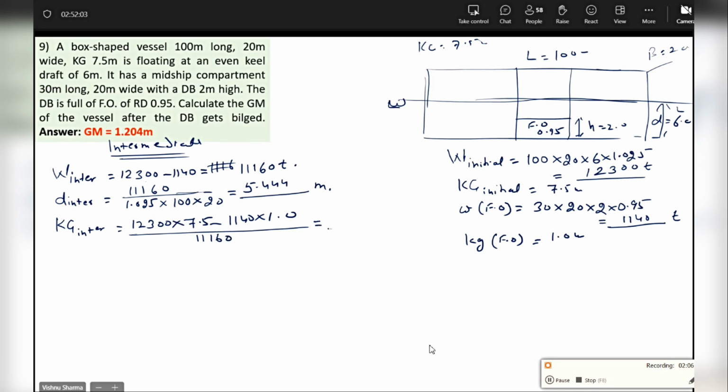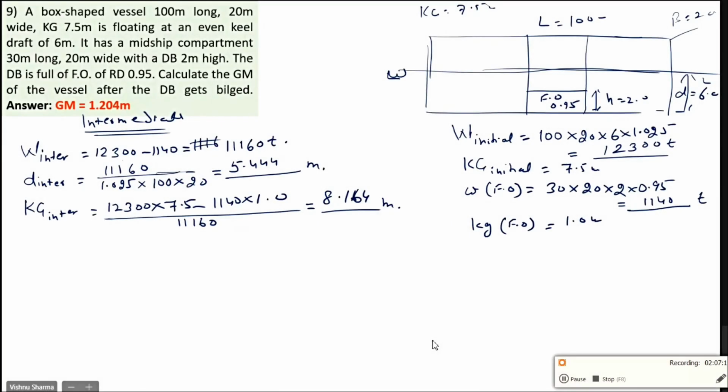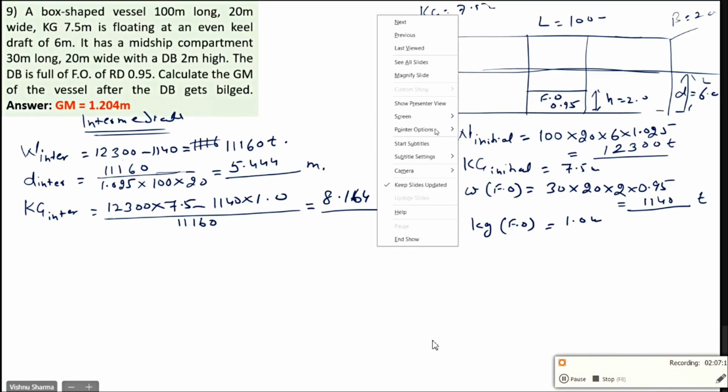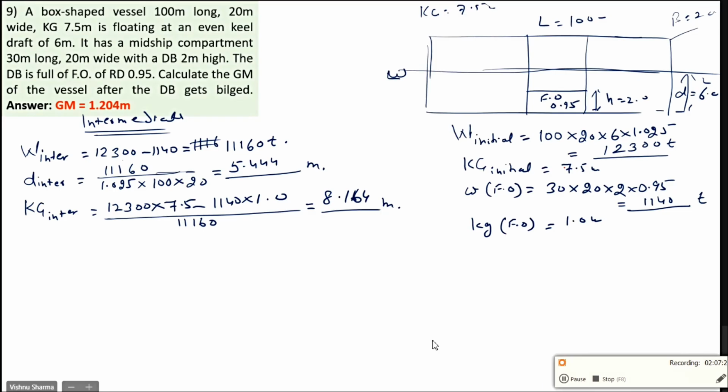How much is the KG? 8.164. Any questions up to this point before I continue further? Okay. So by using law of flotation, we have worked out the intermediate parameters, assuming the oil to have been pumped out. It's all assumption, okay?